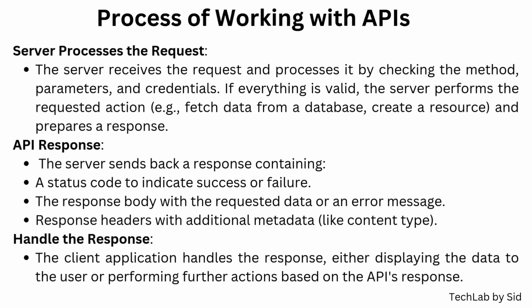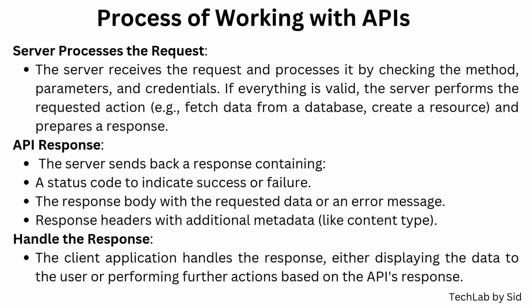Server processes the request. The server receives the request and processes it by checking the method, parameters, and credentials. If everything is valid, the server performs the requested action, for example, fetch data from a database or create a resource, and prepares a response. API response.